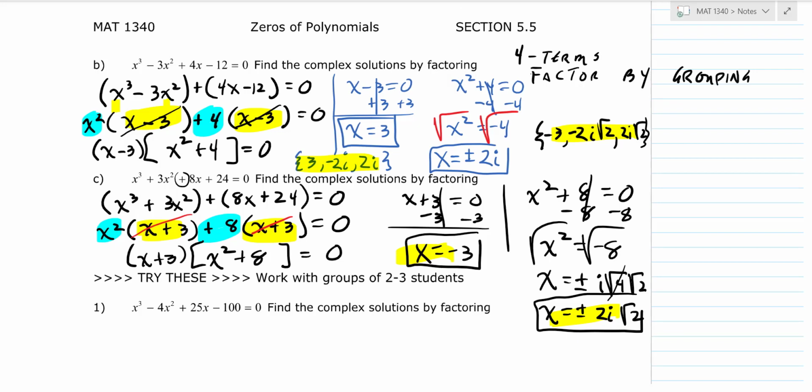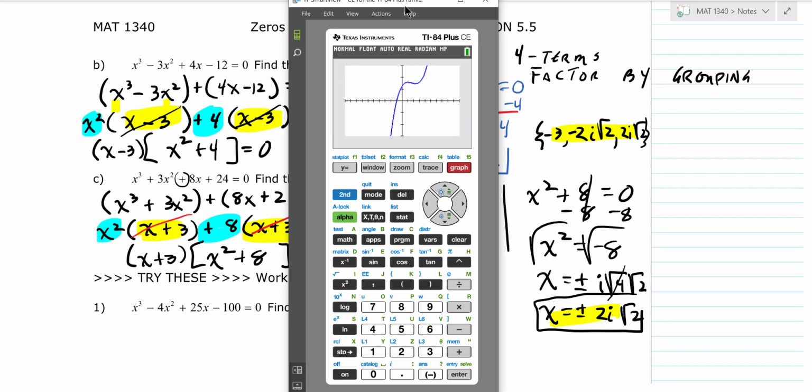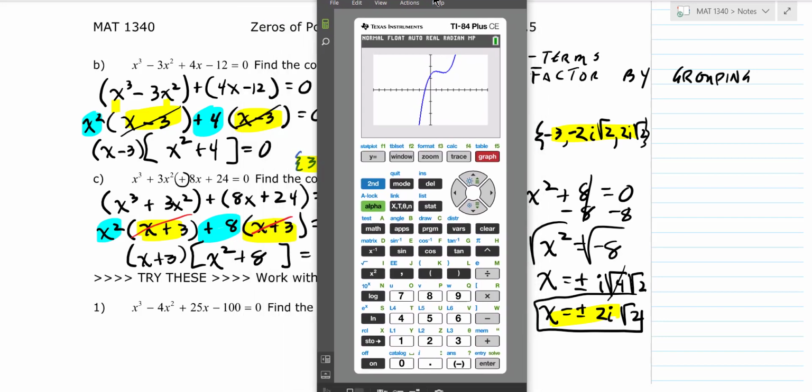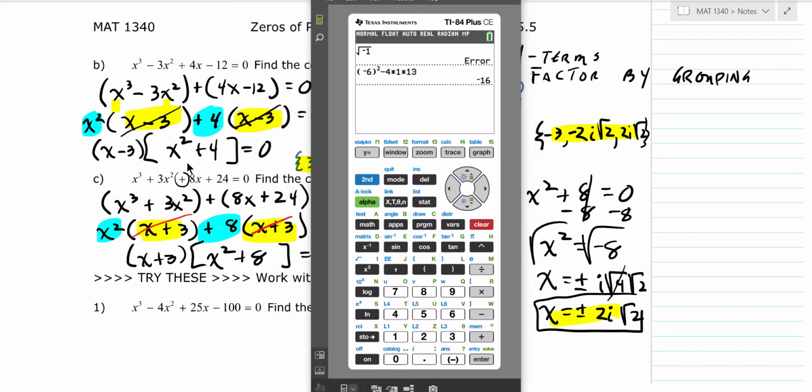Okay, so that's how that goes. Now, one thing I want to show you is that these equations are checkable the same way we've been checking our graphs and zeros. If I graph part C, I'll show you what happens.